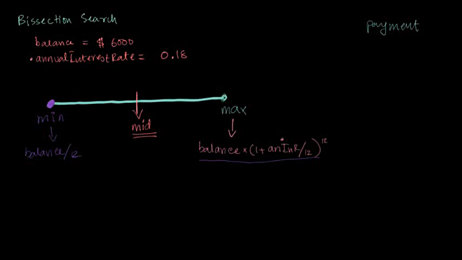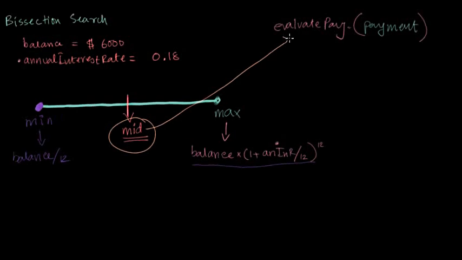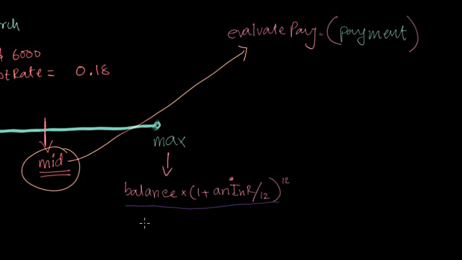Okay, so what I did is the evaluating part, whether it was enough, too much, or too little, in a simple function called evaluate payment, right? I just plugged in these values over here. That's all I did.